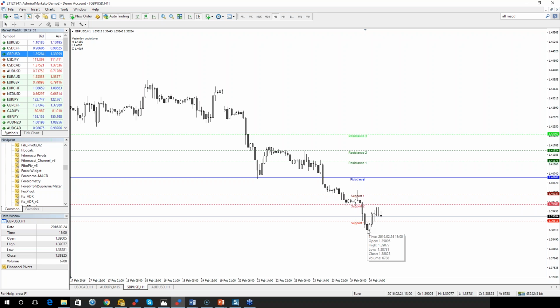And actually, we might assume that the bearish trend will continue. So you see support 3 has been broken. Here it's been a close, but you see the double top actually signifies a possible continuation of the trend.